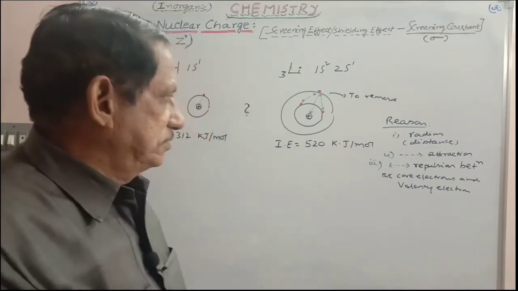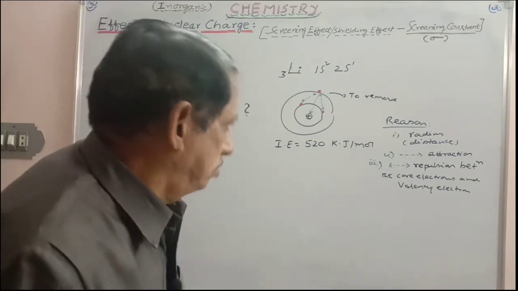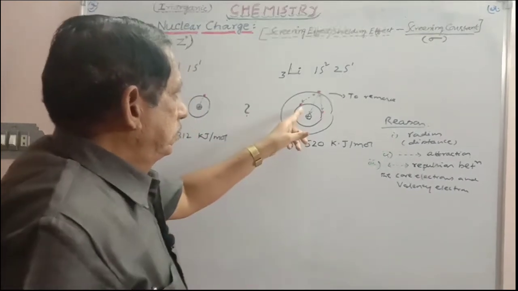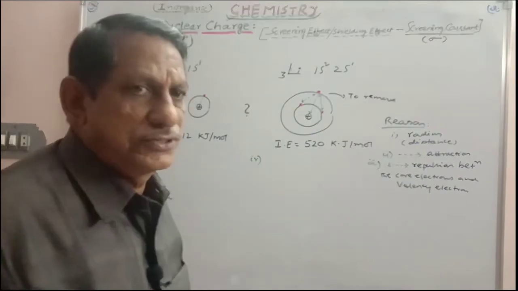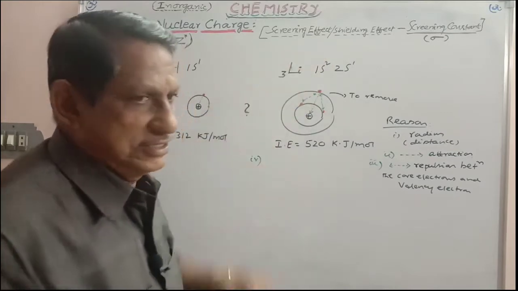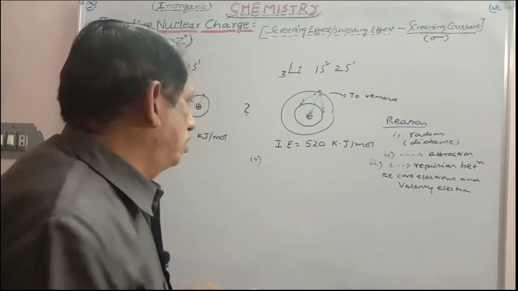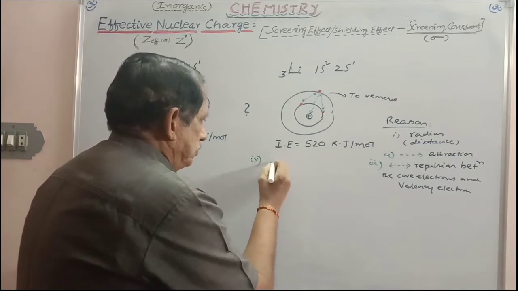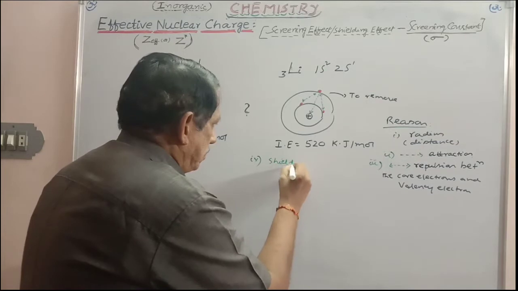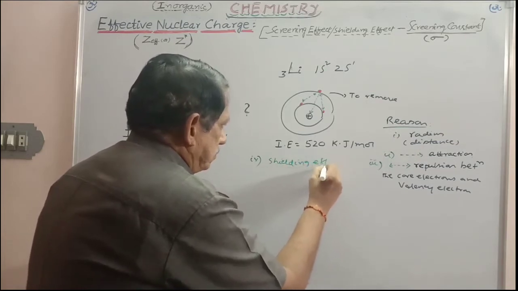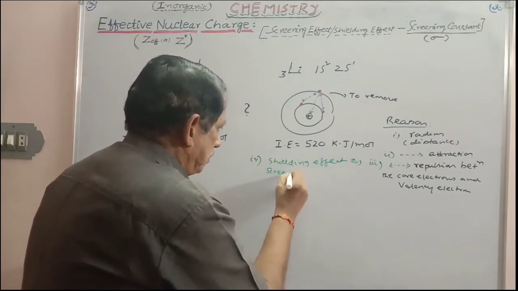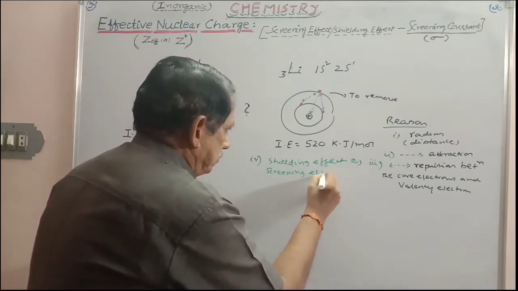And the other one you have to consider, the most important one, is the inner shell, which has 2 electrons. These 2 electrons will be shielding this electron from the nucleus attraction. That is what you call inner shells, the shielding effect or screening effect.